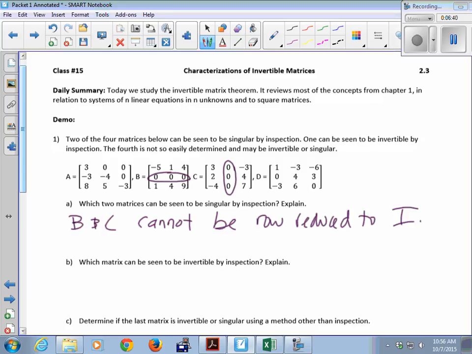Okay, one of the 2 remaining, A and D, you can know immediately is invertible. It has an inverse just by looking at it. D, how come?